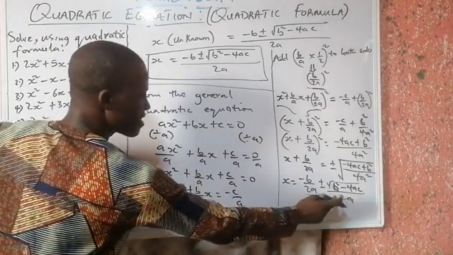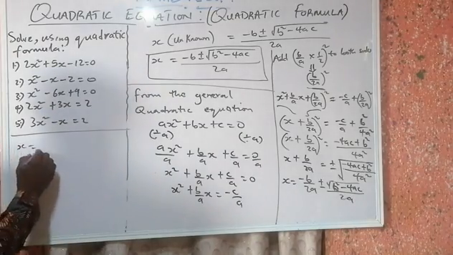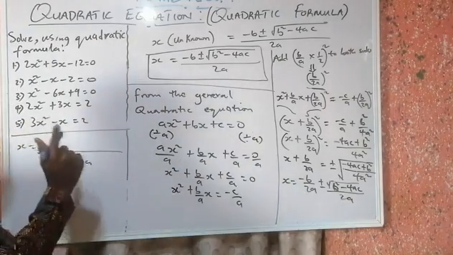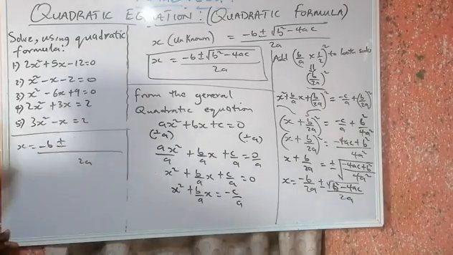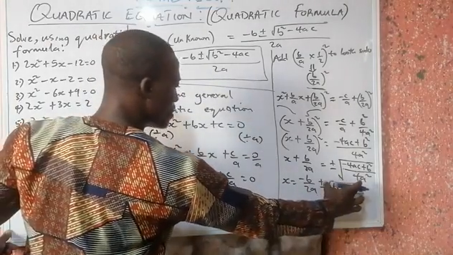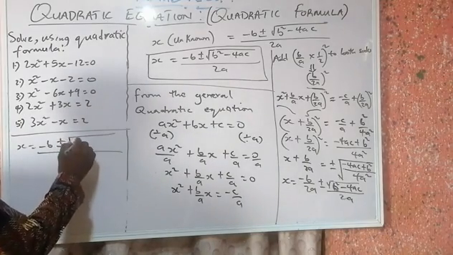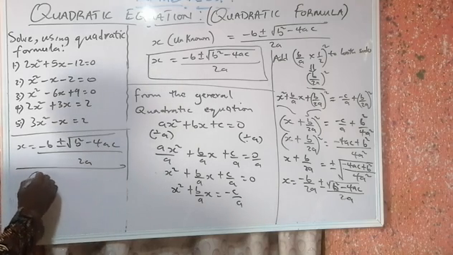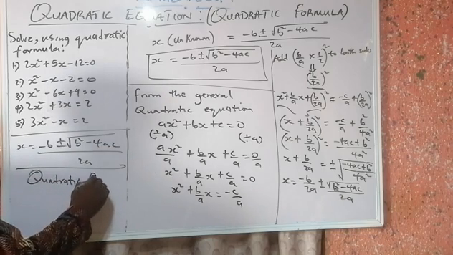So the LCM of these 2a and 2a will be 2a. 2a in 2a, 1 times minus b, will give me minus b plus or minus 2a in 2a, 1 times all these numerator, is going to give me b squared minus 4ac. And here we go, we have what we call the quadratic formula.